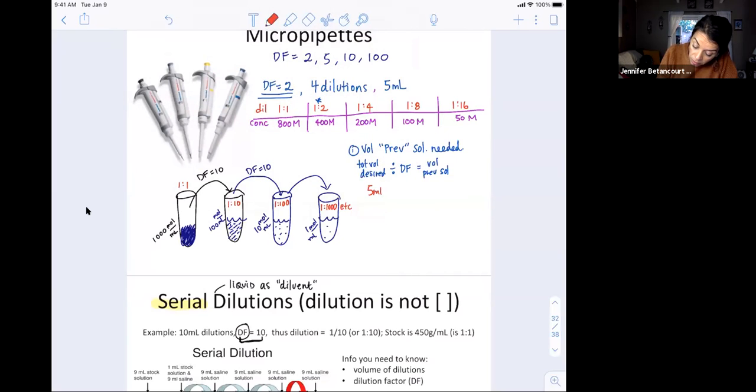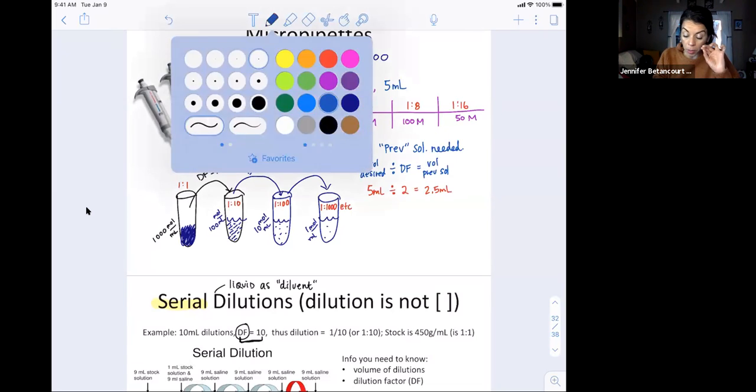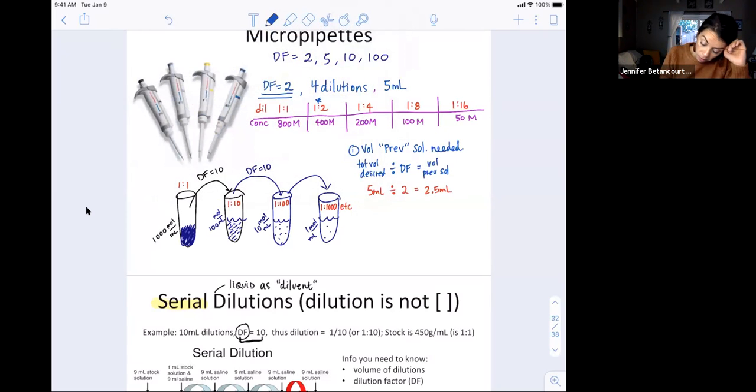So 5 mils divided by the DF. We said the DF was 2. So the volume needed of the previous solution is 2.5 mils. Okay, cool. We're not doing anything in the lab yet. We're doing all our math first.